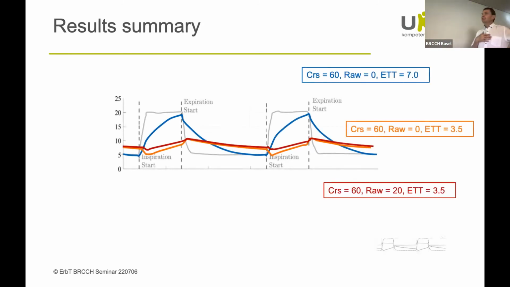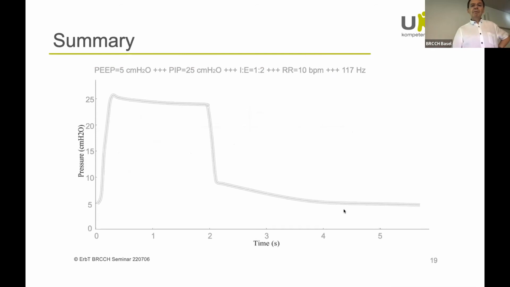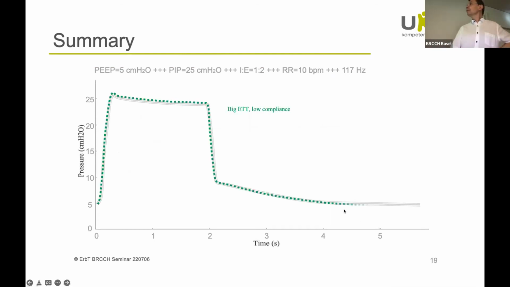So you can conclude from this that we might profit, especially in pediatrics, from the use of this kind of measurement. To sum up, we have all the traces that we could observe.